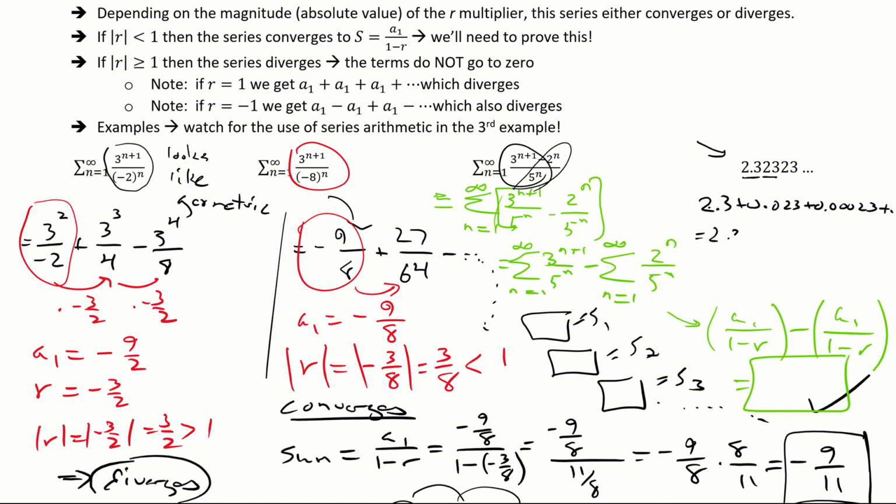It's 2.3 plus 2.3 times 0.01 plus 2.3 times 0.01 squared plus, and you can treat that guy as an a1 over 1 minus r and get an answer for that too.